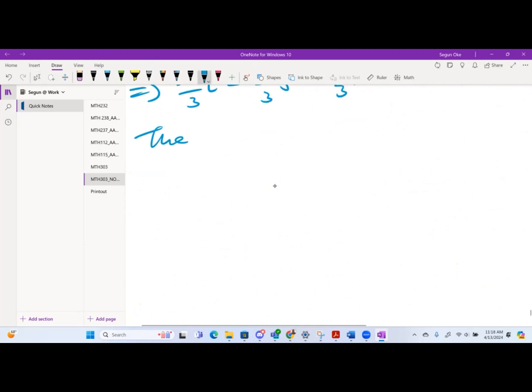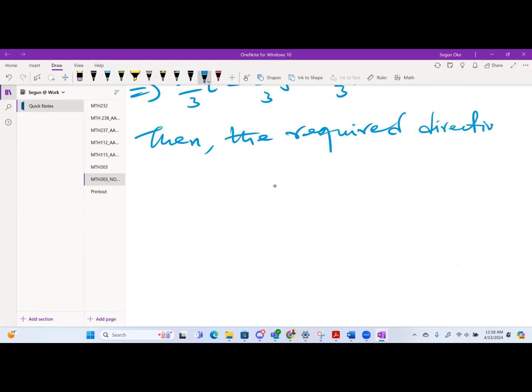Then they require the directional derivative, which is del phi dot a. Don't forget we know del phi.